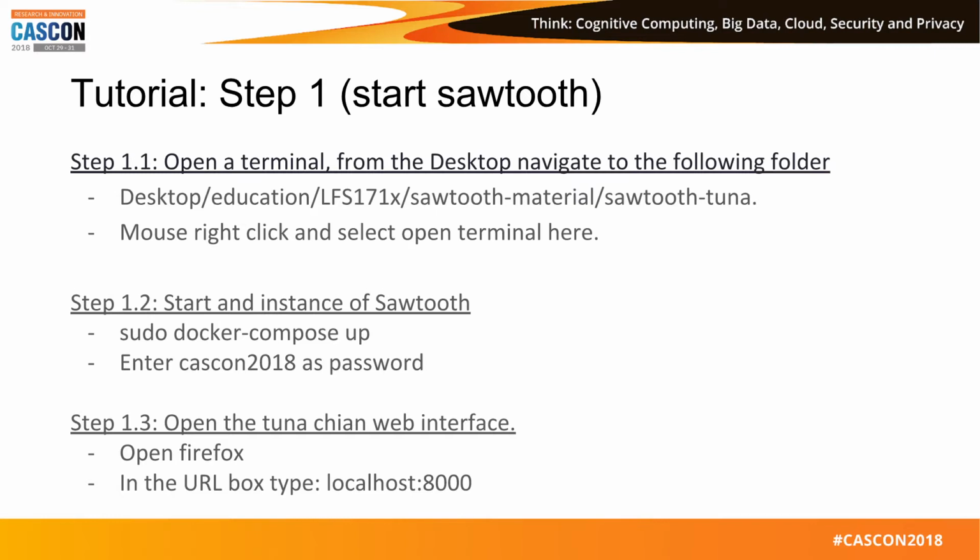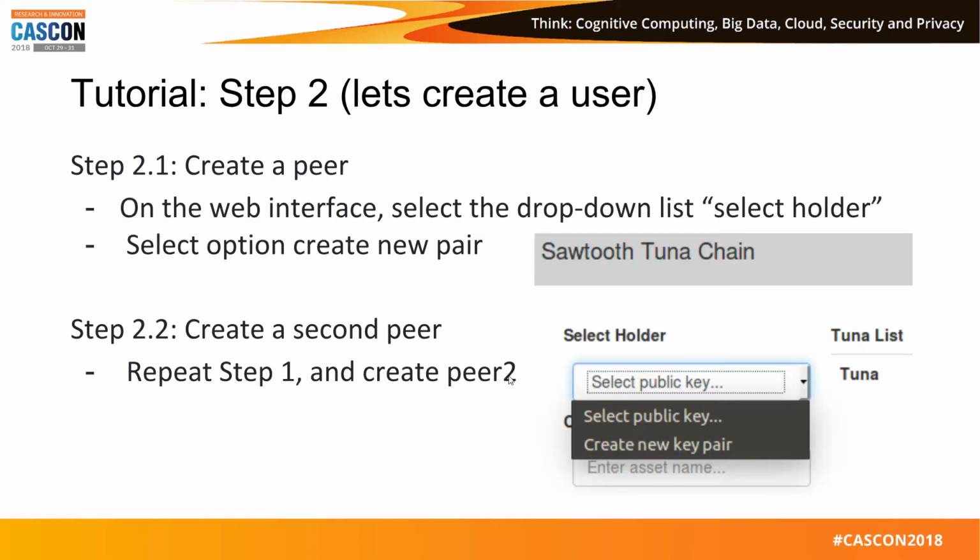You should see a web interface. The web interface is going to be a TunaChain interface. You should see a few fields, and it's going to look something like this, like the Sawtooth Tuna interface with some options. Okay, now that you have the web browser and the TunaChain web interface, go ahead and create a couple of users.